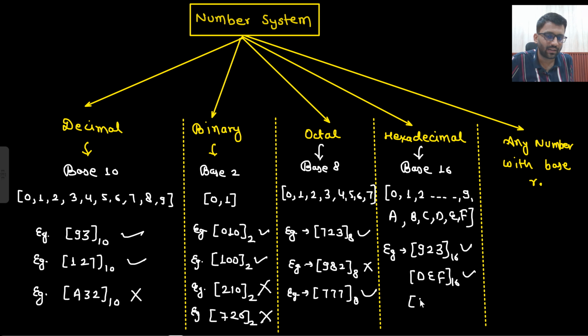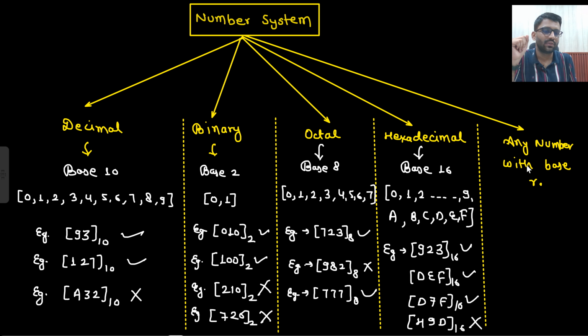If I write D7F, will that be acceptable? Yes, because you know D, you know 7, you know F. If I write H9D, will that be acceptable? The base is 16, which means you can have till F only, you cannot have H. So that will not be acceptable. Are you getting this point?